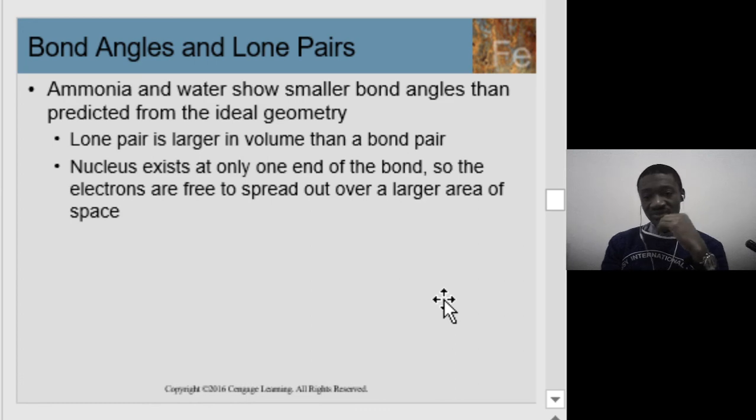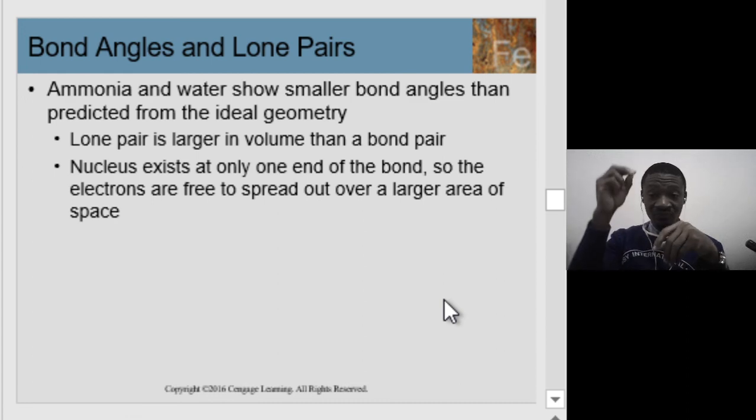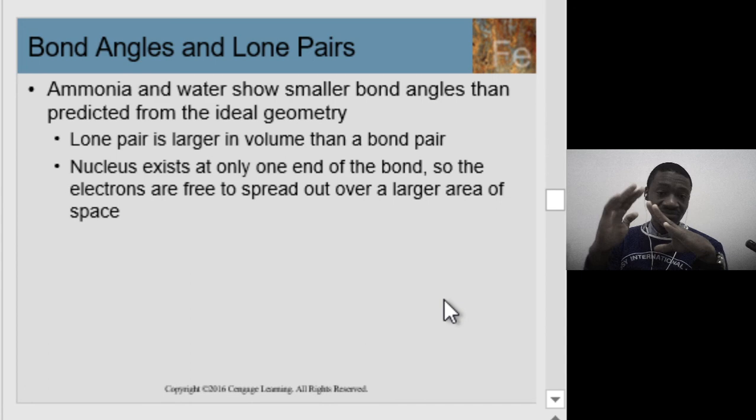So ammonia and water show smaller bond angles than predicted from the ideal geometry. Ideal geometry would be linear if you look at water, but because of the unshared pairs of electrons, we now see that it's bent.